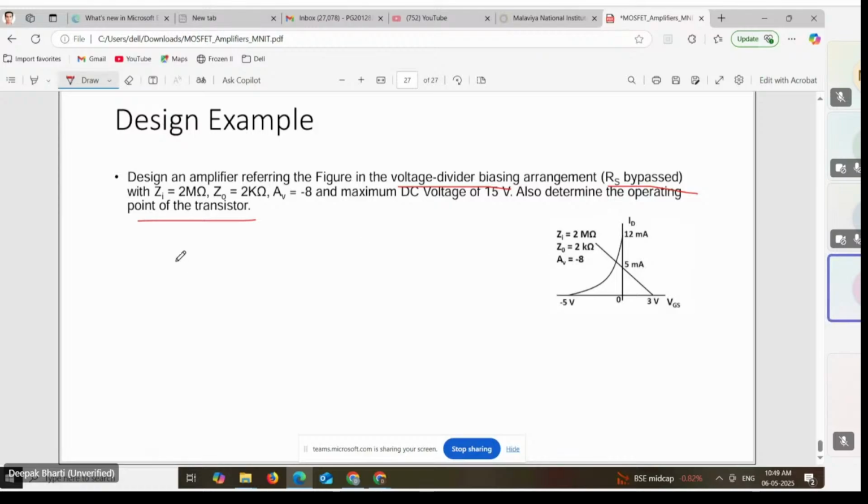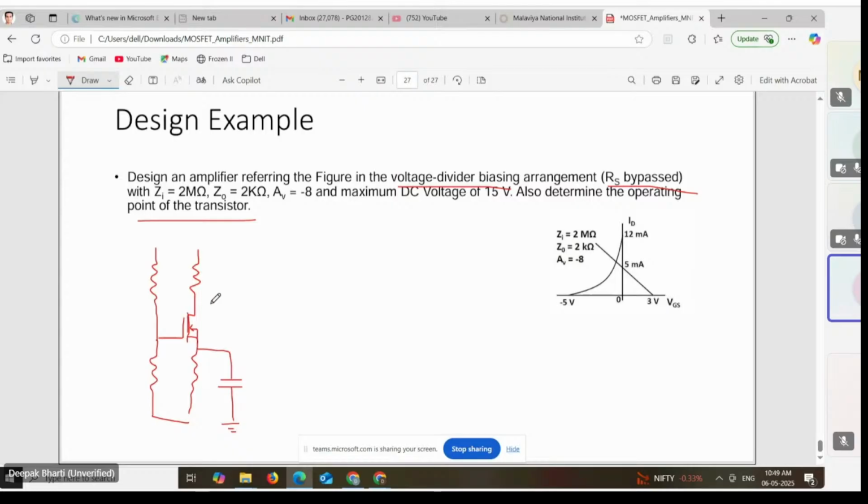So let's draw the structure. So this is RD. This is depletion MOSFET. This is RS. This is R1. This is R2. RS is bypassed.